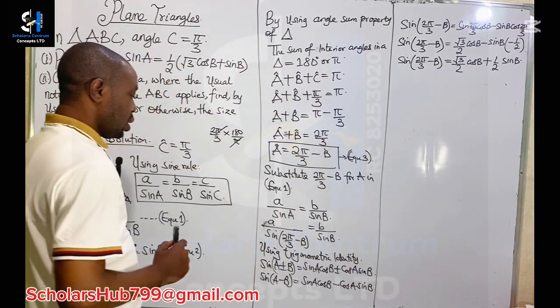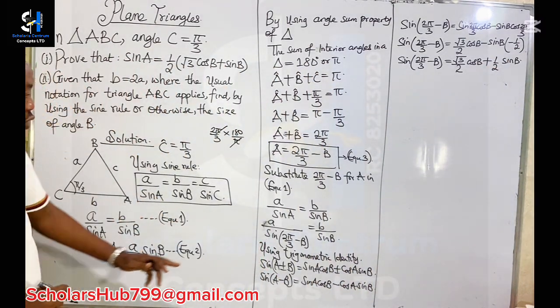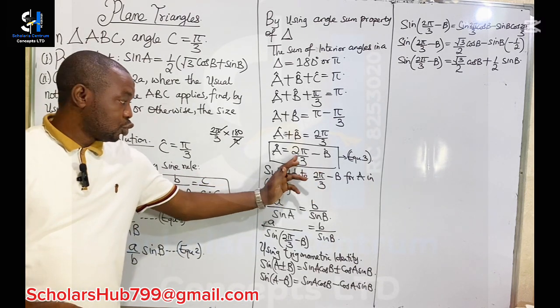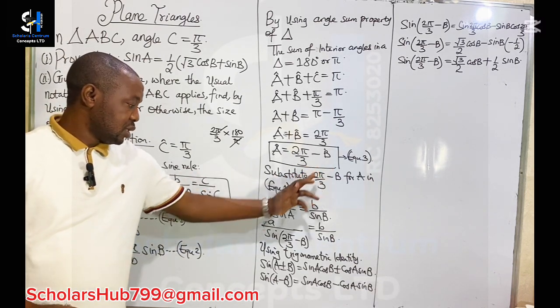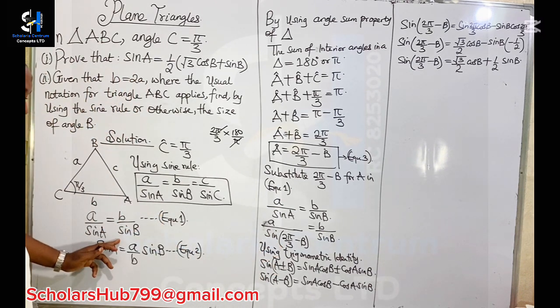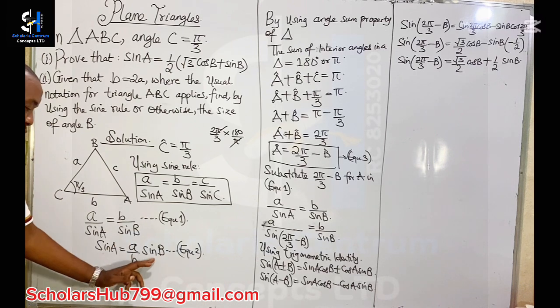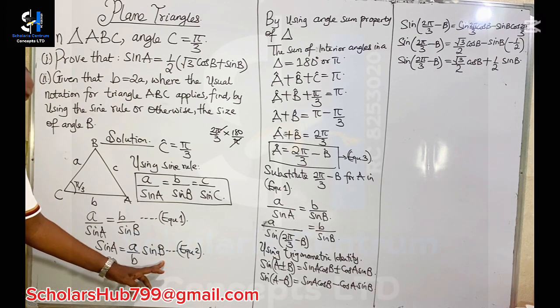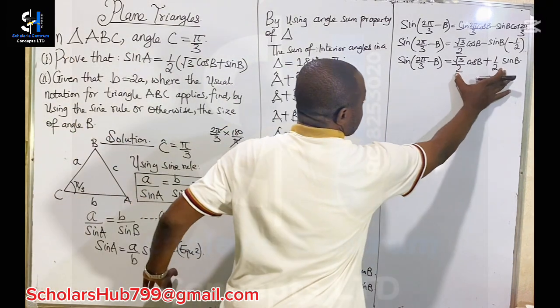Now remember, we substituted this value, which is 2 pi over 3 minus B, for A in this equation. But we know that sine A is equal to a over b sine B, which is our equation 2. So I'm going to write this.